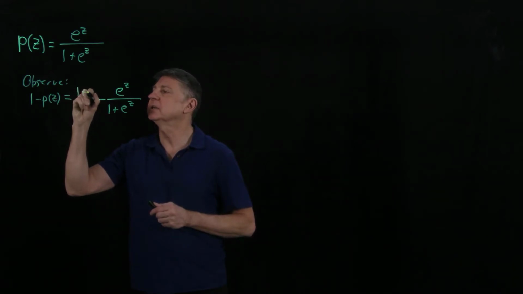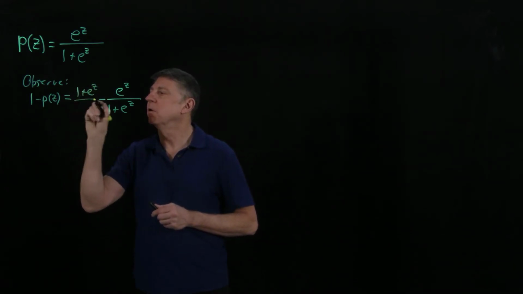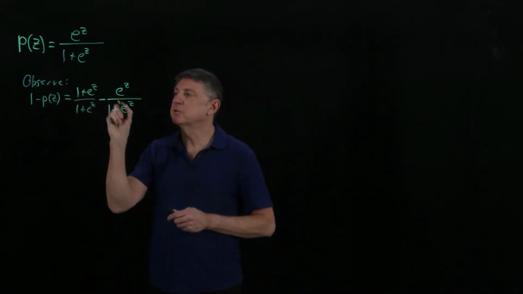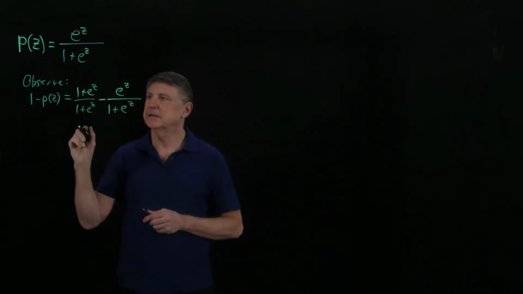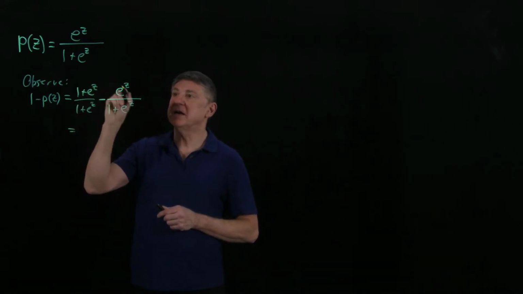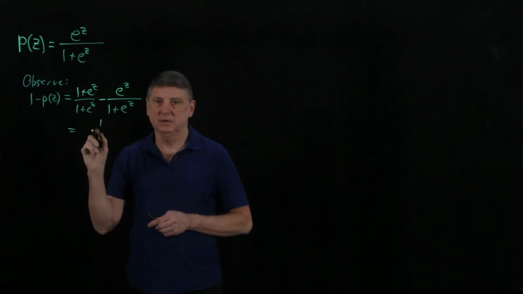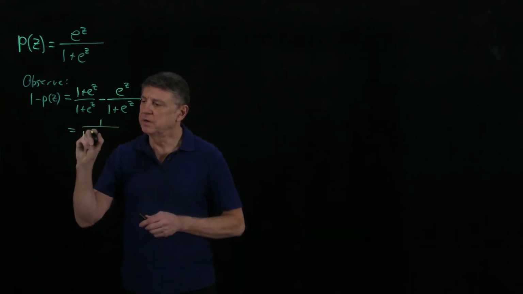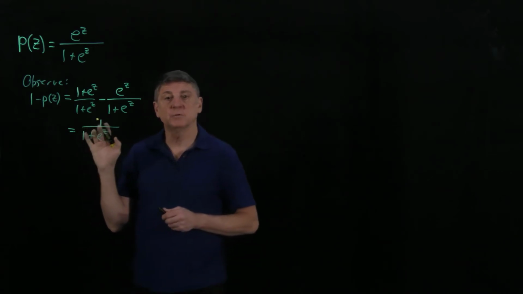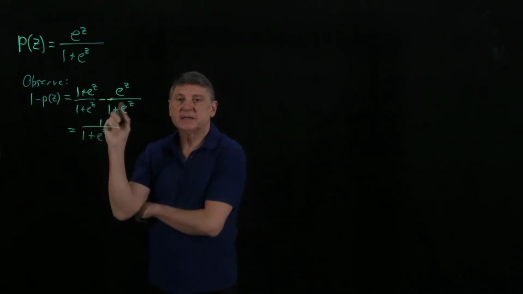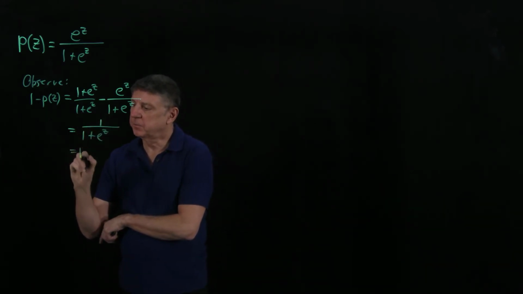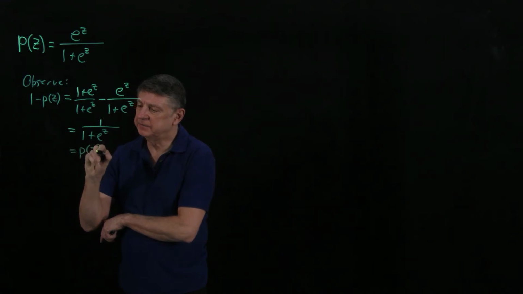Now that the denominators work, the numerators subtract, and so 1 plus e to the score minus e to the score is 1, and that is 1 over 1 plus e to the score. So this was our observation earlier, that this equals the probability of the negative score.